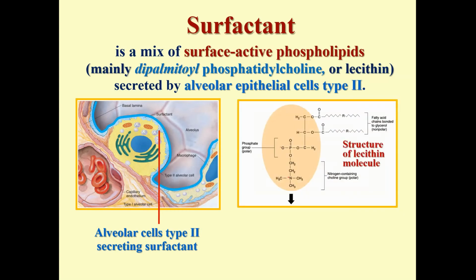And this is the general structure of a molecule of lecithin. You see, this oval shows the so-called head portion of the molecule, and this head contains charges. Phosphate group, polar, negative charge, and also another area where nitrogen is charged positively.